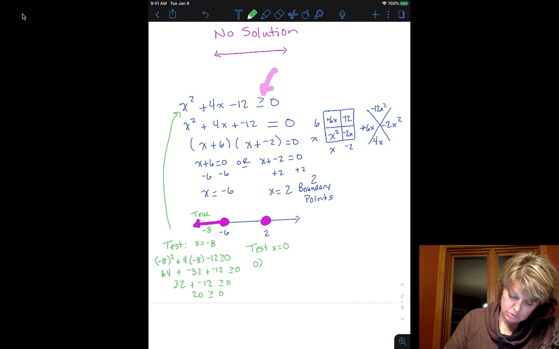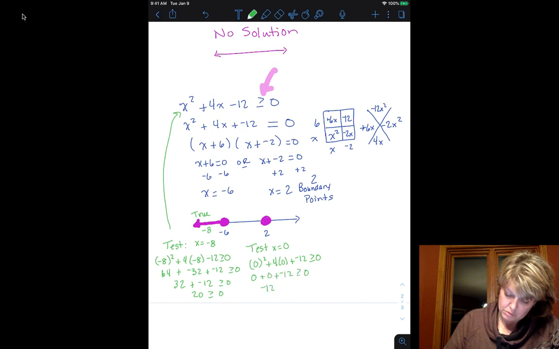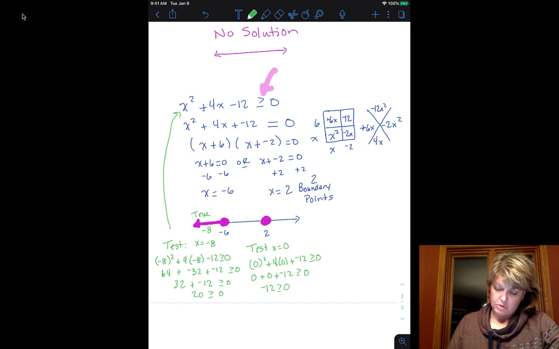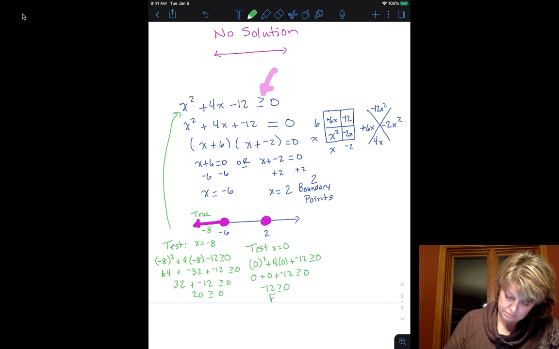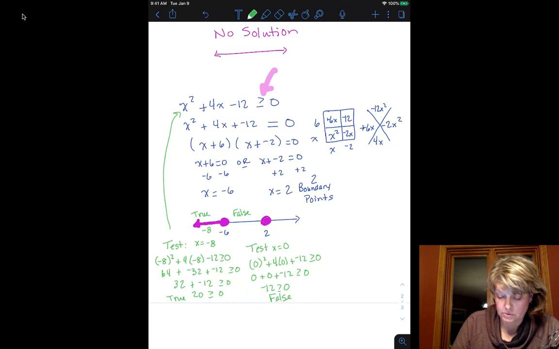So 0 squared plus 4 times 0 plus a negative 12 greater than or equal to 0. So I have negative 12 greater than or equal to 0. Is negative 12 greater than or equal to 0? No. This one was true. This one is false. It does not work. So I'm not going to color in those values in between there.